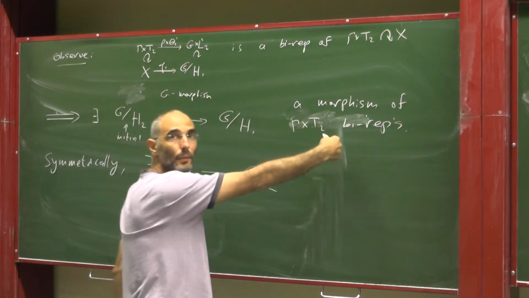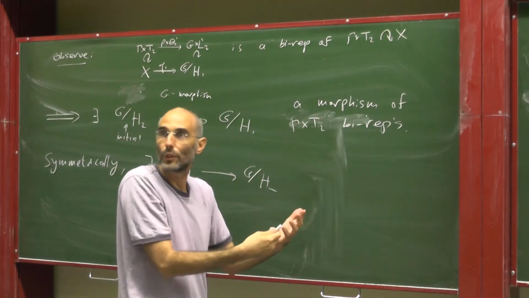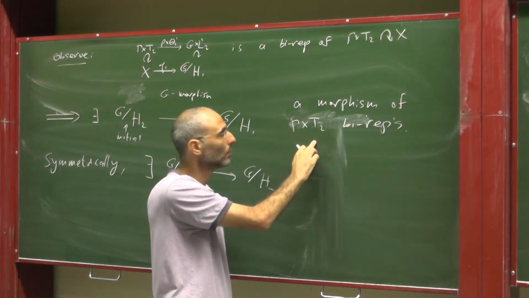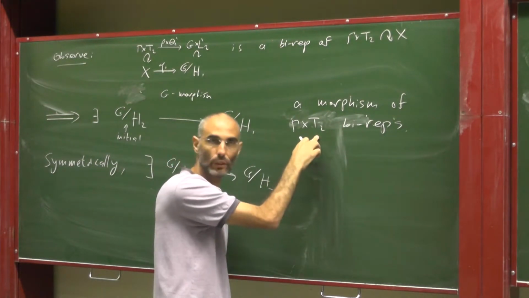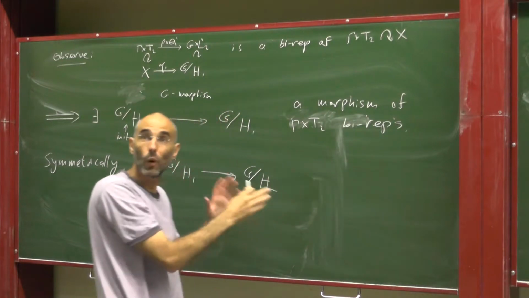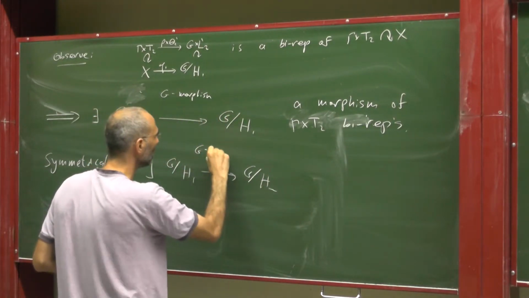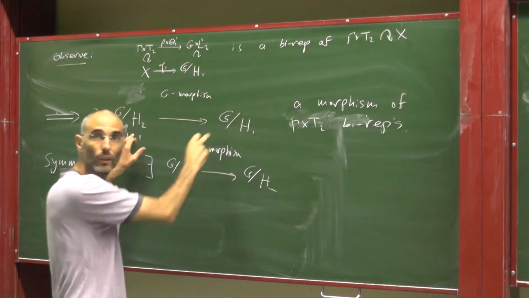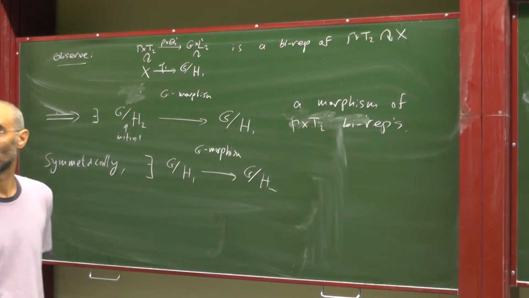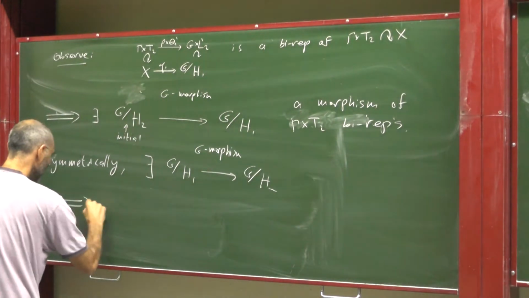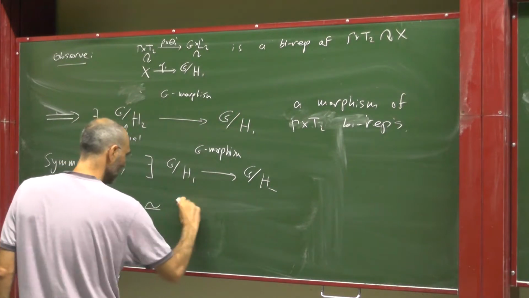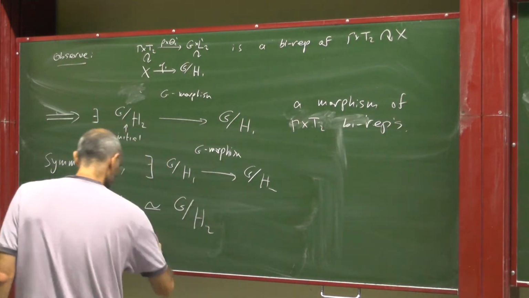It would be a morphism of gamma times T2, gamma times T1 representations. Sorry. Forget this. This is a G morphism. This one and that one are G morphisms of coset spaces. We get that G mod H1 and G mod H2 are isomorphic G spaces.